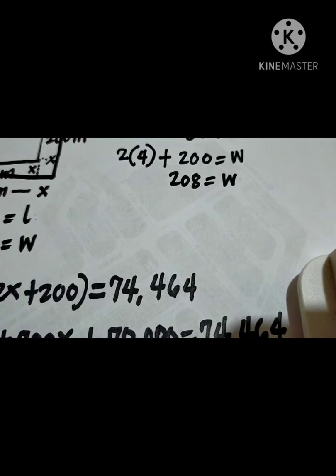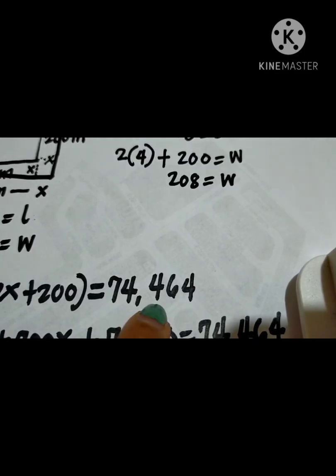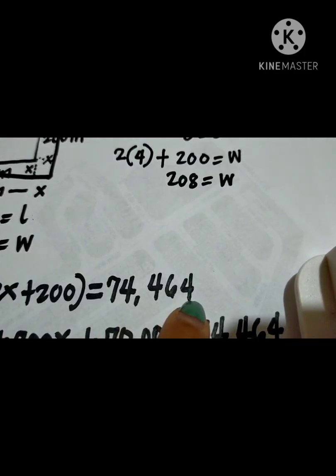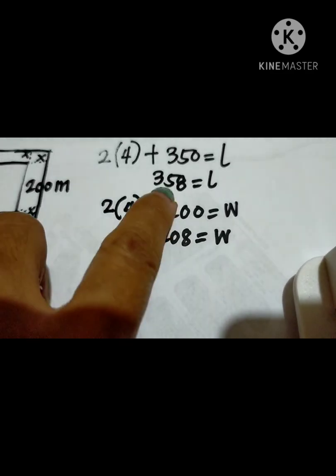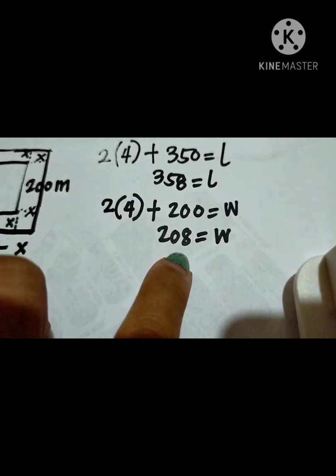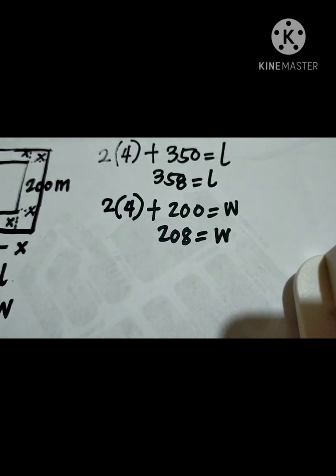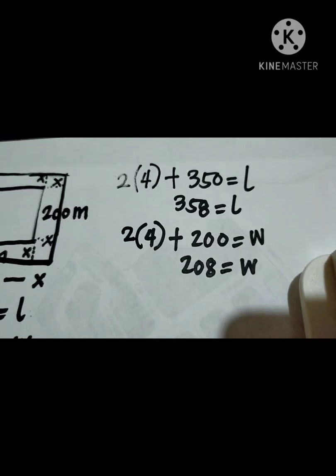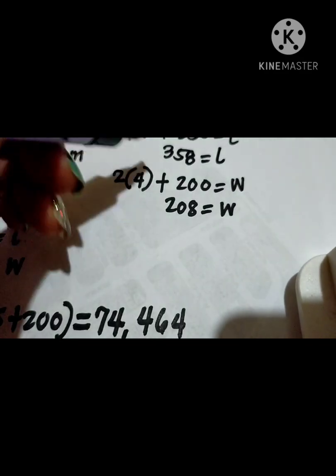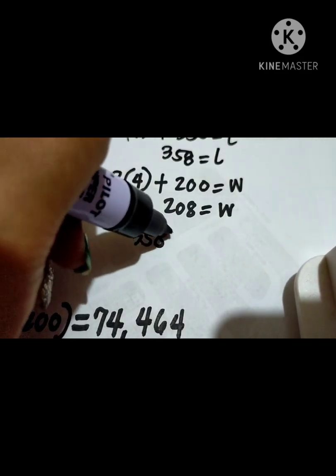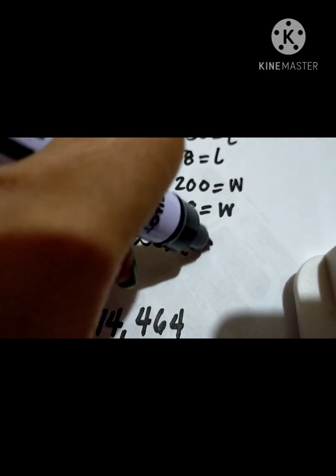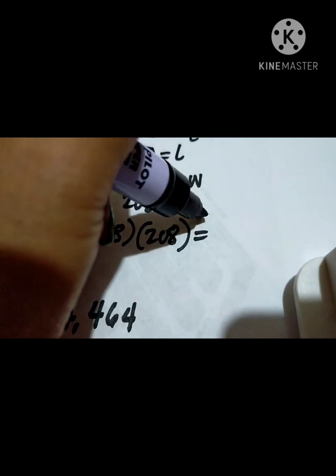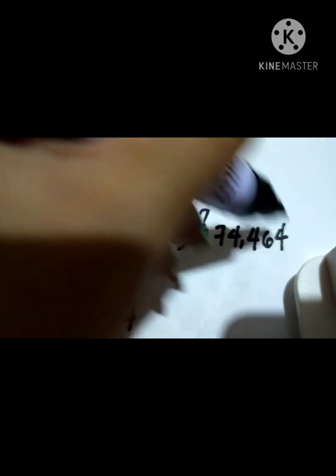Given the total area, which is 74,464, let us see if multiplying 358 and 208 will equate to the area. So we have 358 times 208, the width, equal to 74,464.